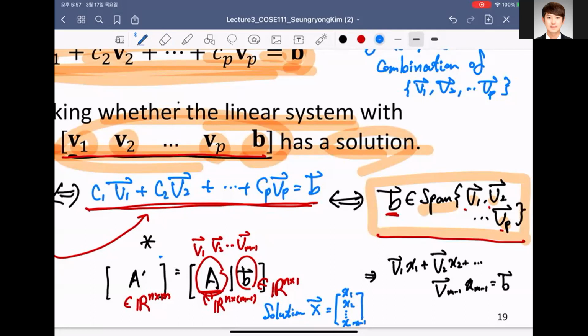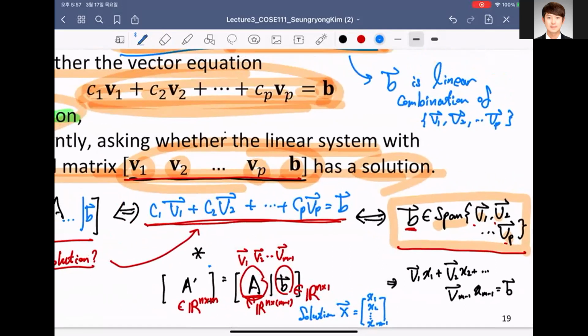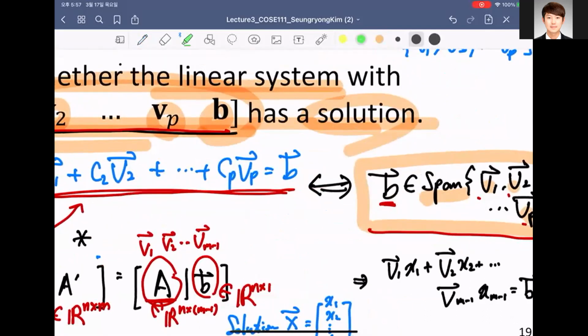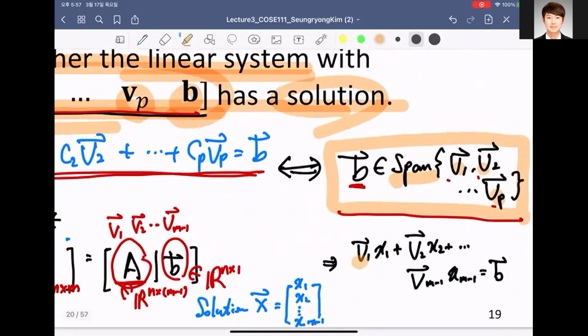Right. And this one is a linear combination of vectors v1, v2, and v m minus 1.